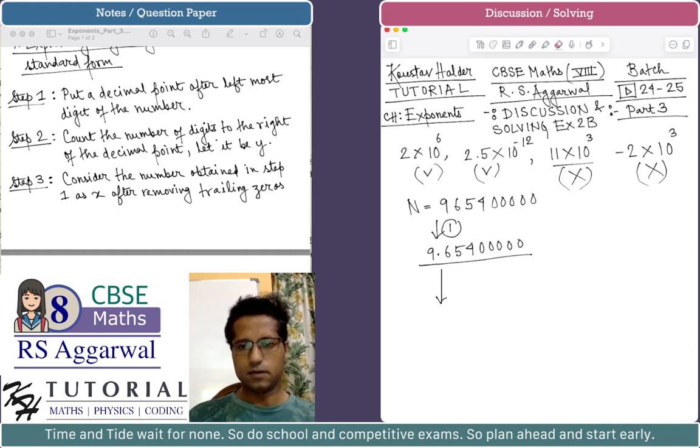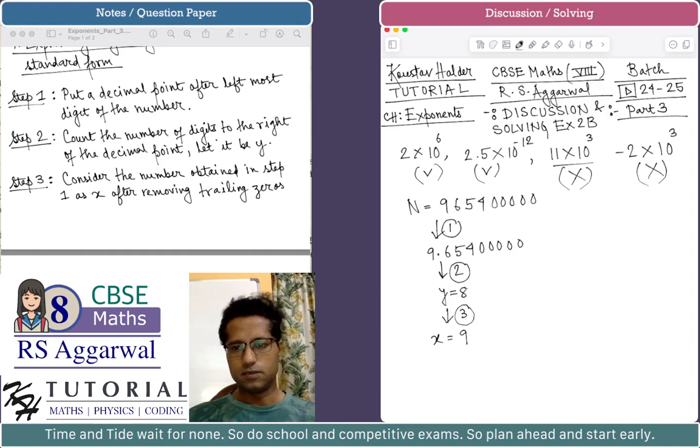Let me write it correctly. In step 2 we got y equals 8. Now in step 3, I consider the number from step 1, but I ignore all the trailing zeros. So it becomes 9.654.